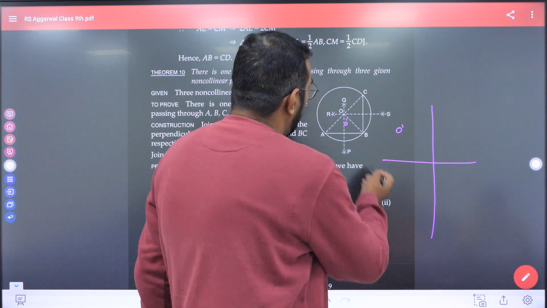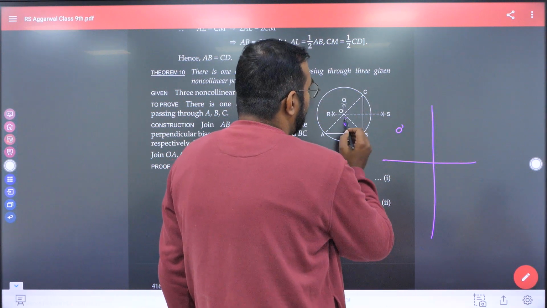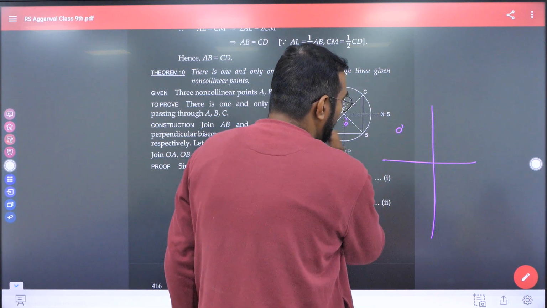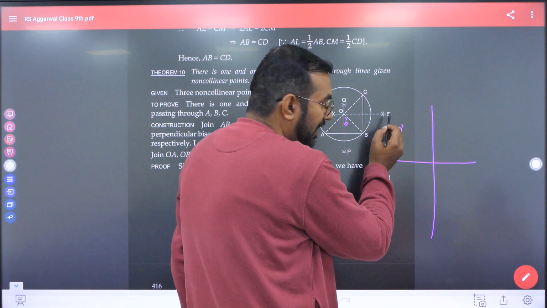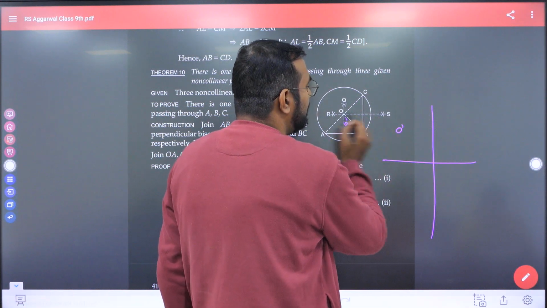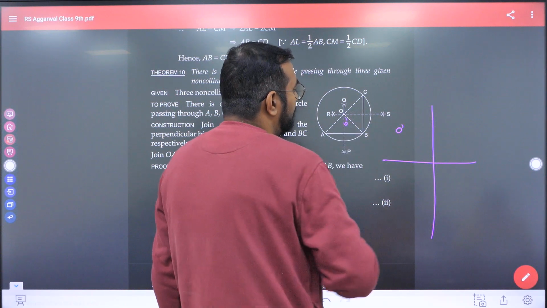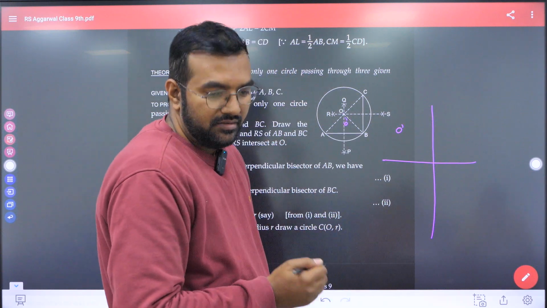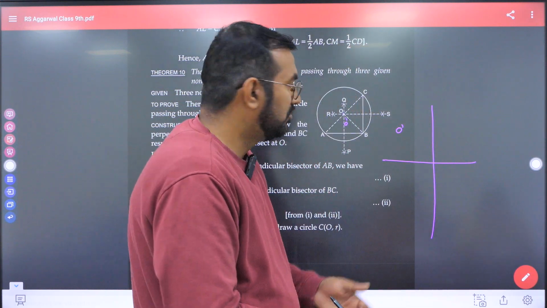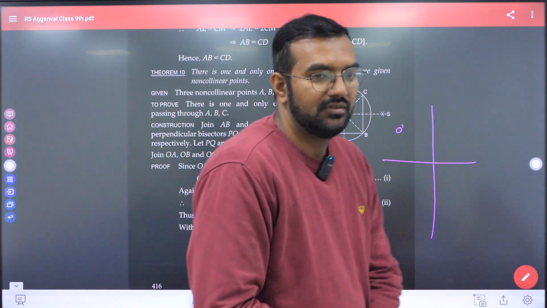Because if O dash is equidistant, it will lie on this line, and it will also lie on the other line, and that will be the common intersection of these 2 lines, like O. And we know that 2 lines cannot intersect at more than 1 point. So we cannot have any other point other than O.